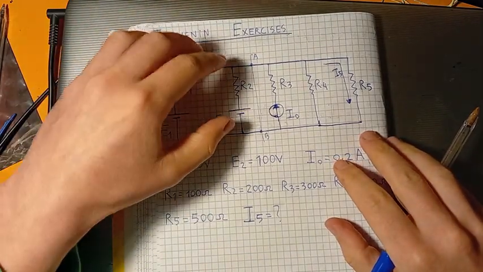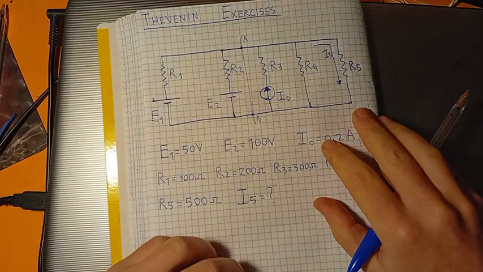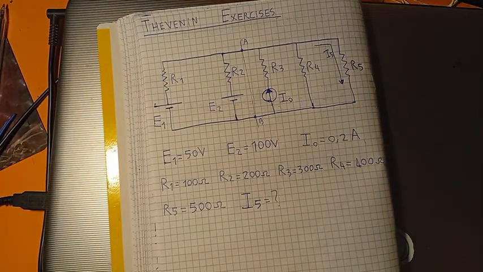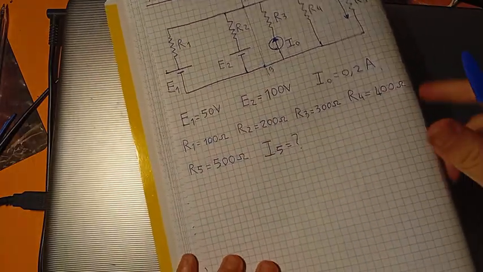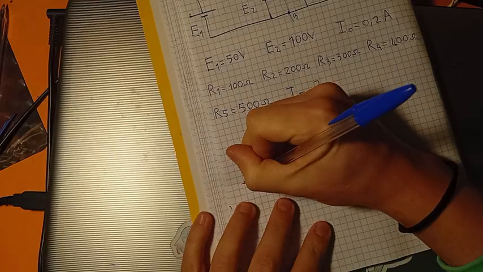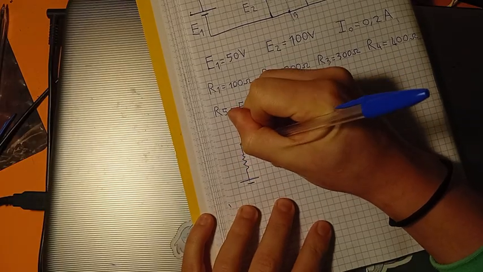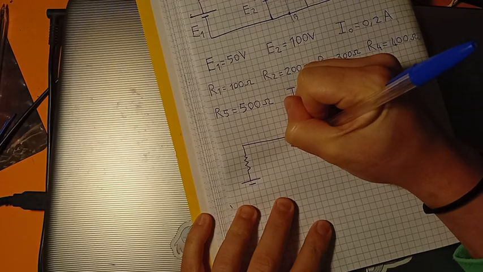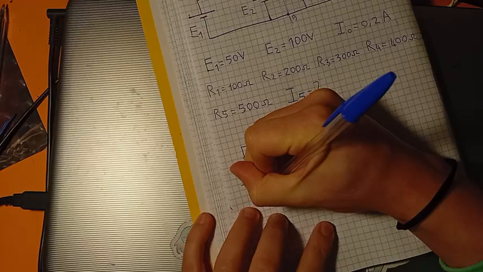So let's pick this part of the circuit, let's copy it here, and let's transform it with Thevenin theorem, okay. This part is formed by a voltage source, 2 resistors, and another voltage source, okay.